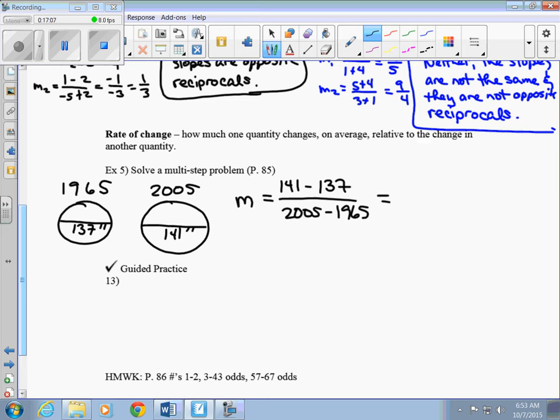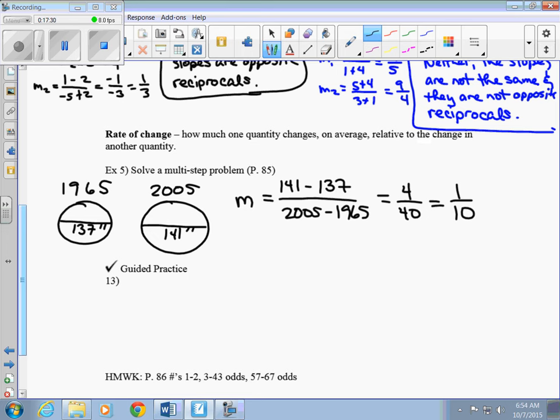So 141 minus 137 is going to be 4. So we had 4 units of change. And when we look at that time period, that's a time period of 40 years. So if we reduce that, it is 1/10.